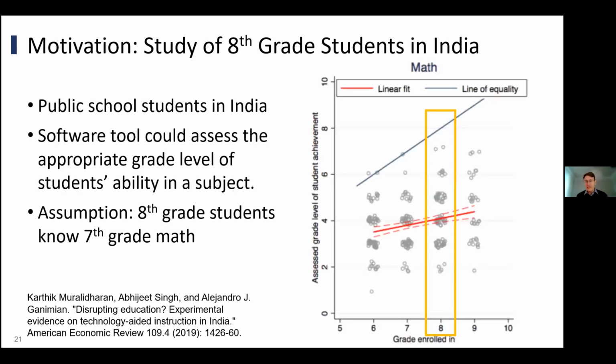The x-axis is the grade the students were enrolled in, and the y-axis is the level of understanding as determined by the tool. For an 8th grade math class, which is the one in the yellow box, our assumption that students know 7th grade math is actually terribly wrong, right?